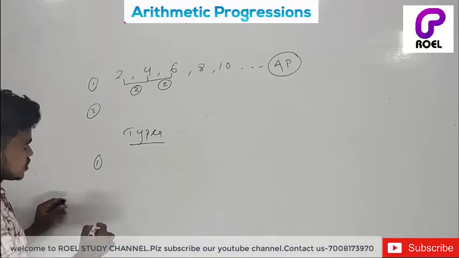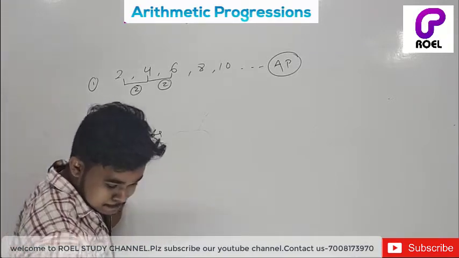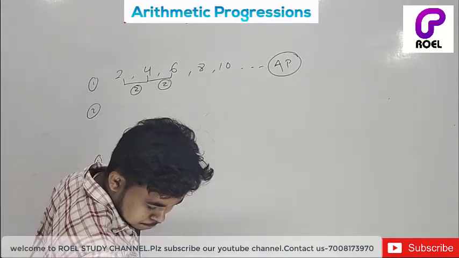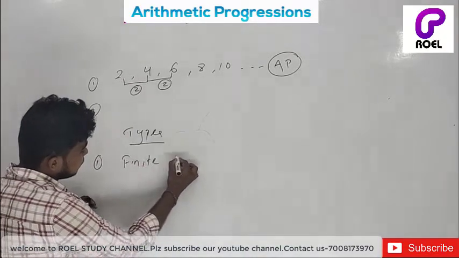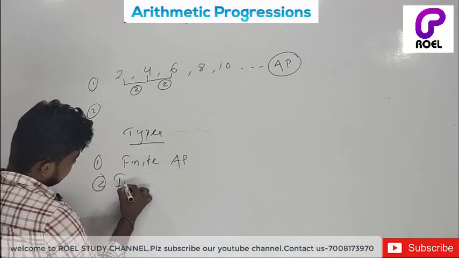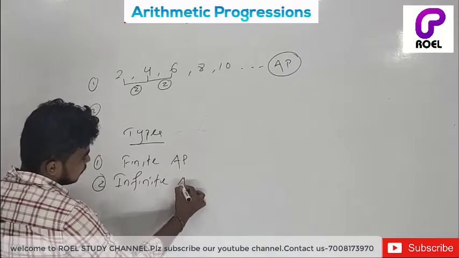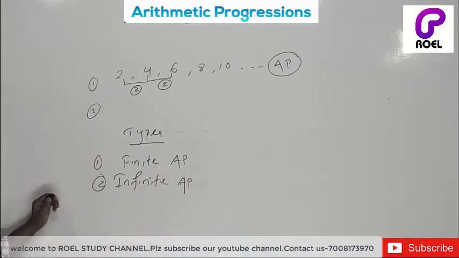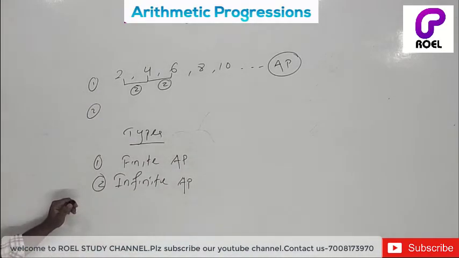The first is finite AP and the second one is infinite AP. Okay, finite AP and infinite AP.